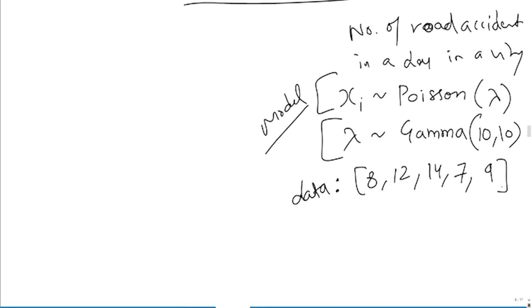Using this data and given your likelihood and prior assumptions, your goal is to infer the posterior distribution of lambda given this data.